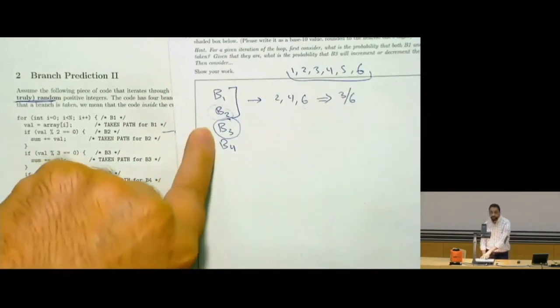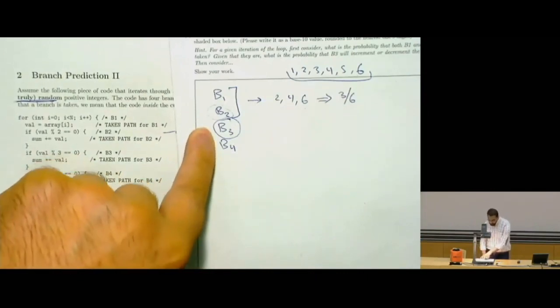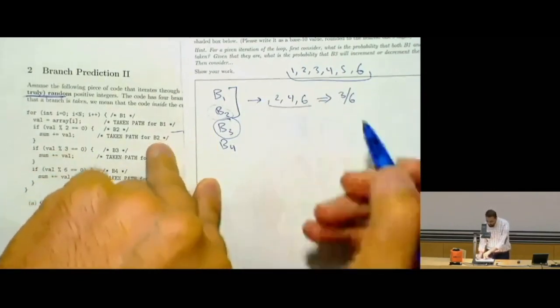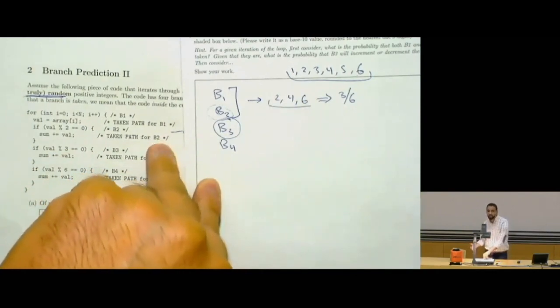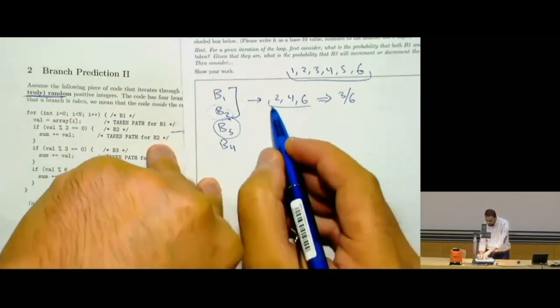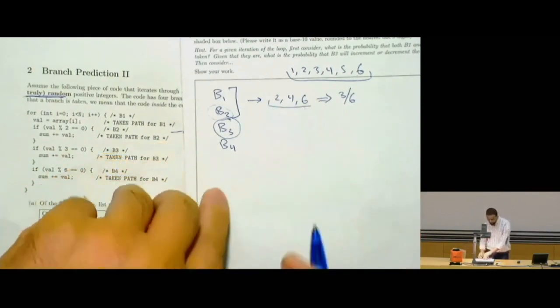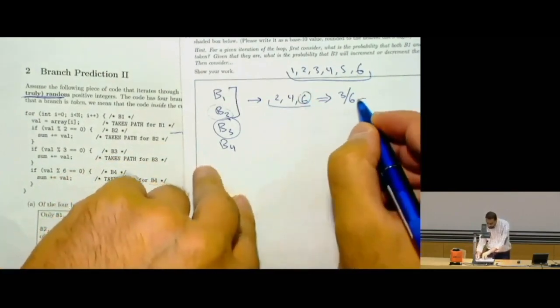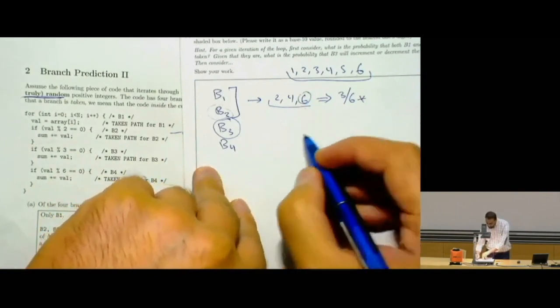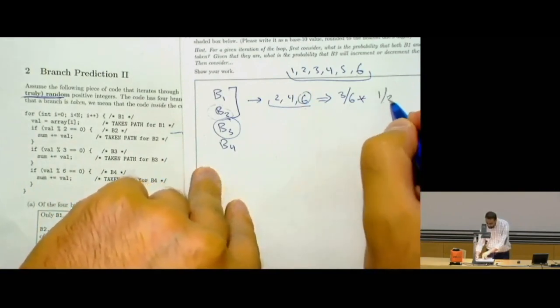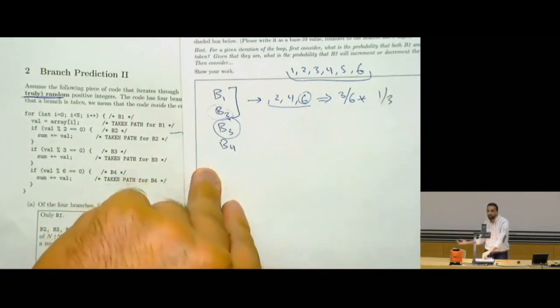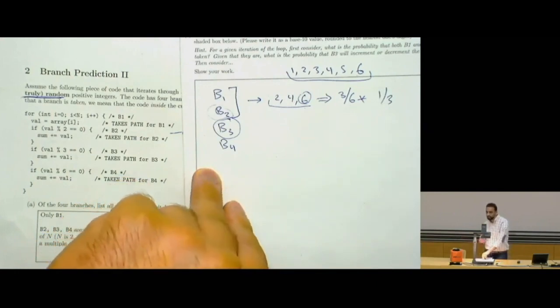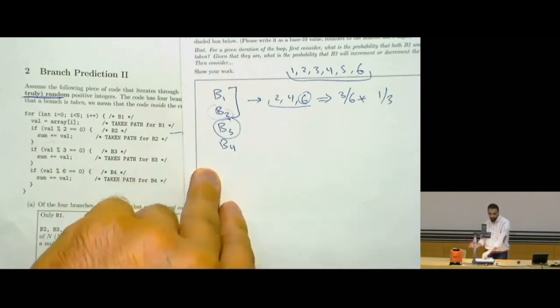Now, for B3 to be taken means that one of those numbers is a multiple of 3 as well. How many of those are multiples of 3? Only this one, right? Which is multiplied by 1 over 3, which is 1 out of 3 values. Clear? Okay, great.